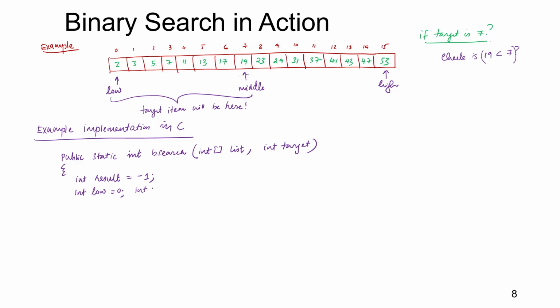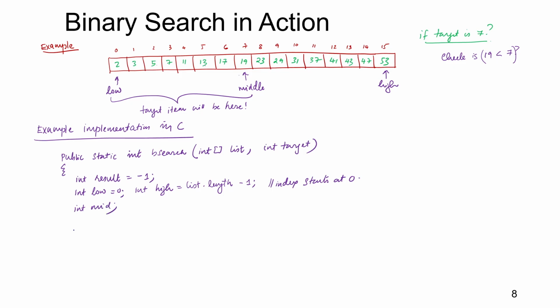I am just saving space. int high equal to list dot length minus 1. High is the list length minus 1 because the index starts from 0. Now, int mid.